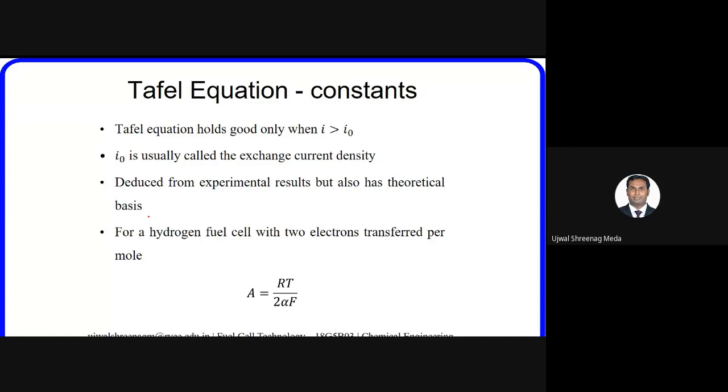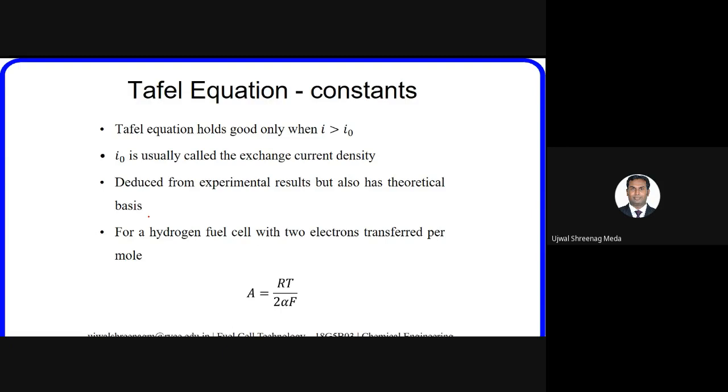Looking at this equation, it gives an impression that when the operating temperature of the fuel cell increases, A increases. So if A increases, the activation losses will increase. That is the impression that we get by looking at this equation.